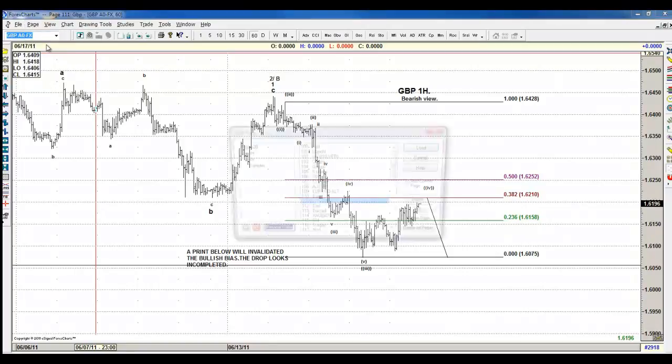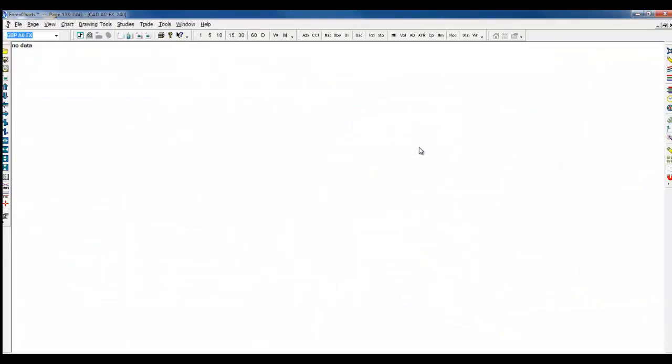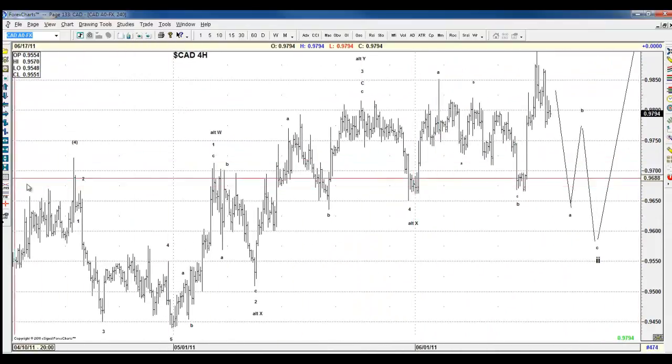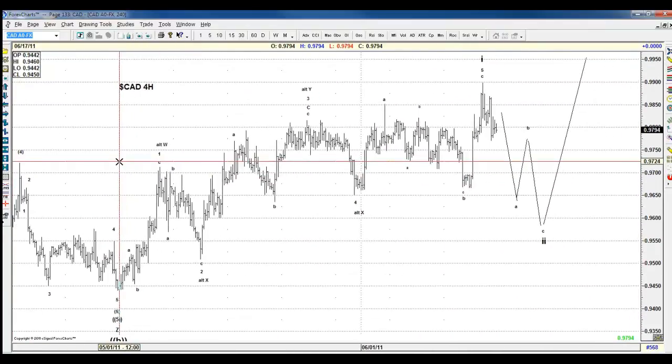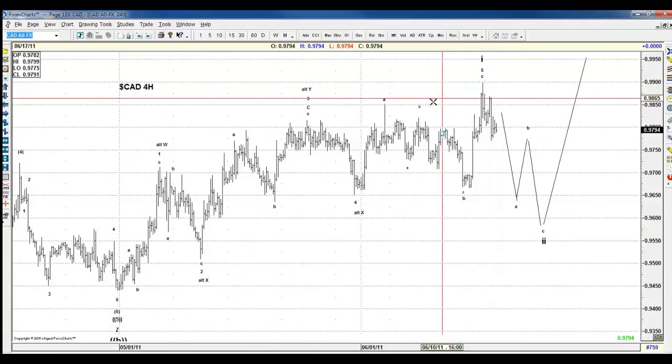Alright, now let's take a look at the pair that I've been checking as a catalyst, or the one that is guiding me through the market, which is the CAD. The CAD is showing 1, 2, 3, 4, 5.